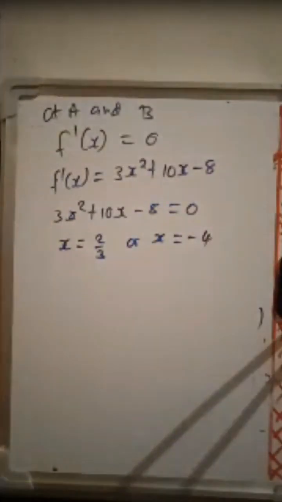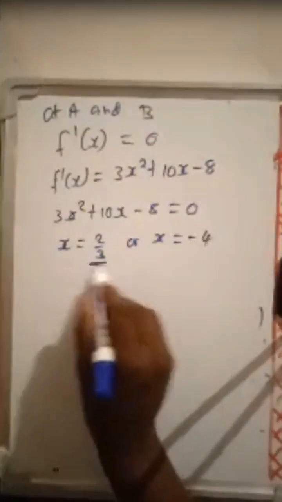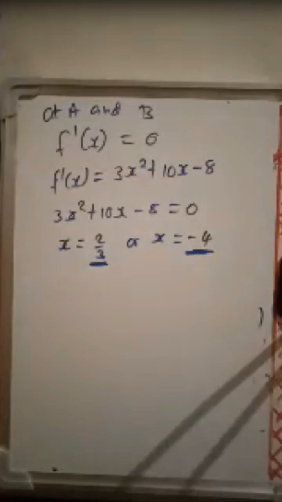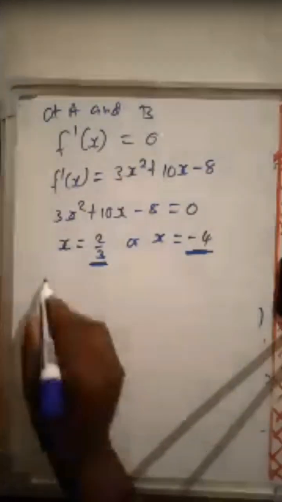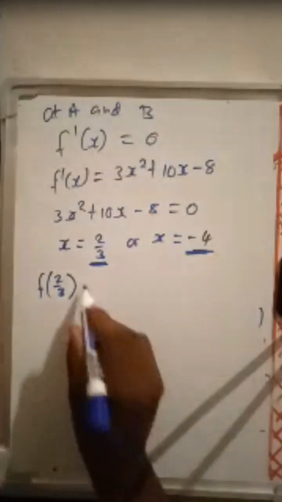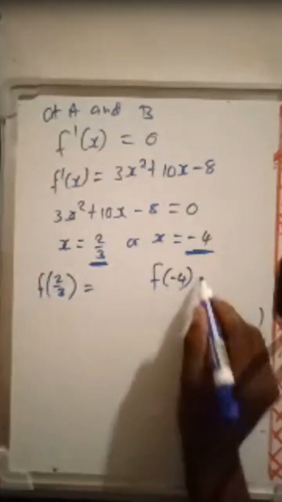Okay, so I've already done this. These are the x coordinates of A and B. Now, in order to find the y coordinates, do f of 2 over 3, then also f of negative 4.